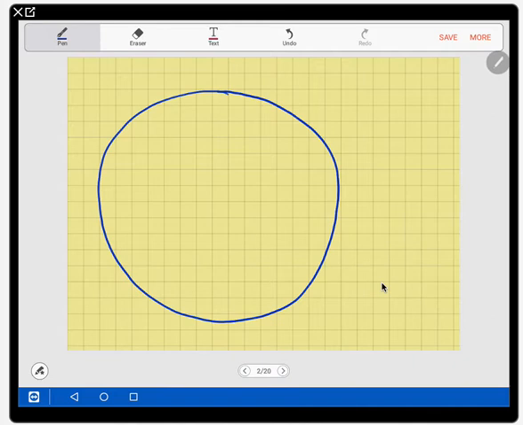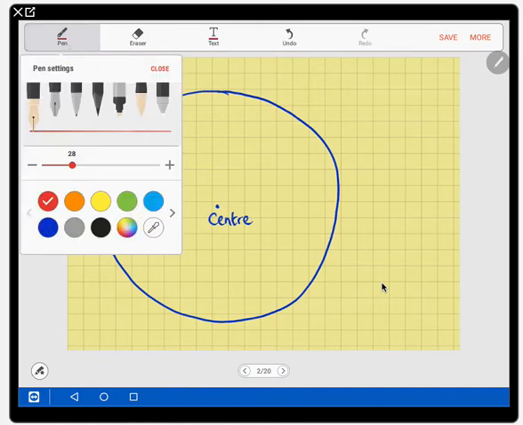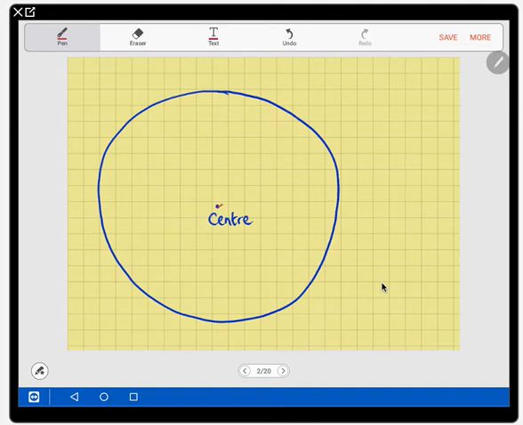Right, like in any circle, the circle has got something at the center here, and that is called the center. Very simple. Now, if I draw a line from the center to anywhere on the circle, that line here, we all know, is called what?